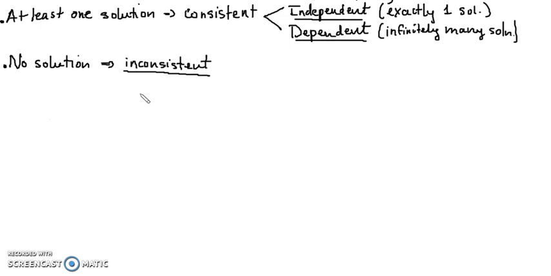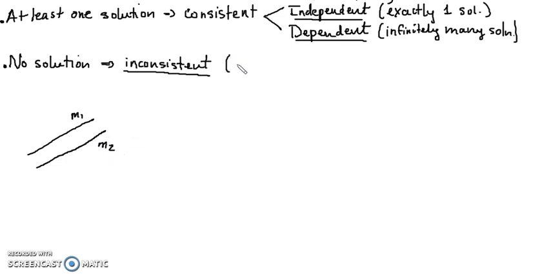Now, the first one is inconsistent. Inconsistent means no solution. Let's imagine that you have two lines, and let's see if the two lines have no common point. That means that the two lines do not intersect, which can also be interpreted as them being parallel.